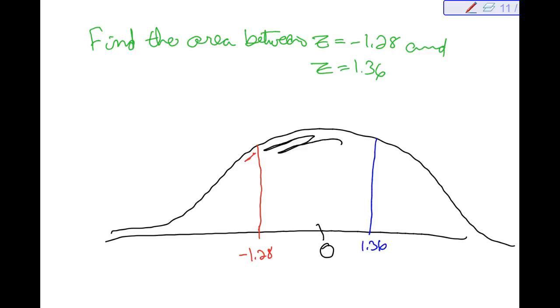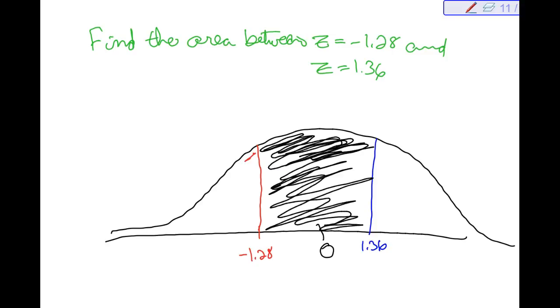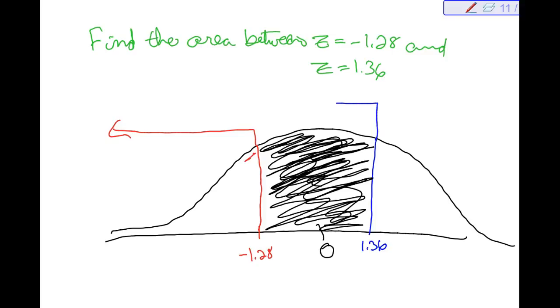I want the area between them, okay? But remember that the table gives me to the left. So the table is going to give me this, and the table is going to give me this. I just want this portion. So that means what I'm going to have to do is I'll actually have to subtract it.